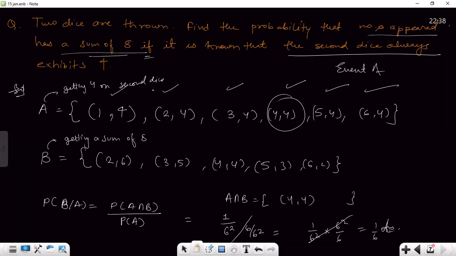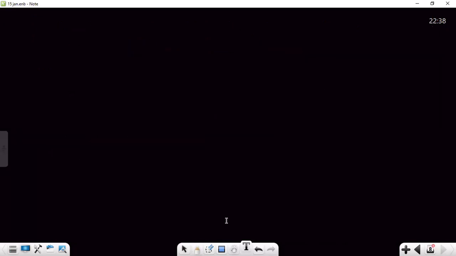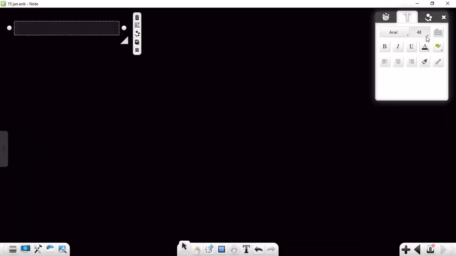Divided by the probability of event A. There were 6 elements in event A and total number of cases 6 square. So, calculated, hence we got the answer. Is there any doubt, anyone? No, sir. Let's discuss some more examples, because this particular topic is very important for the end.